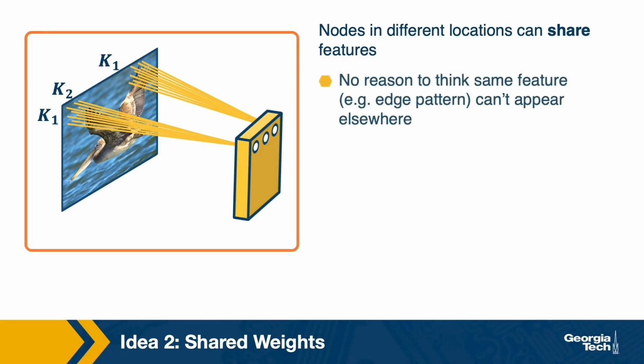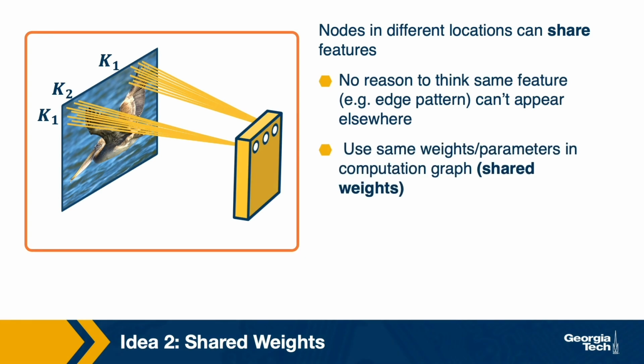Now, what is this intuitively doing? Intuitively, the weights will represent some set of features that we extract. And what we'll do is share those features across all the nodes. That is, let's say we have an edge detection feature, and that edge detection feature will be run across the entire image because each node will run that same feature across the entire image.